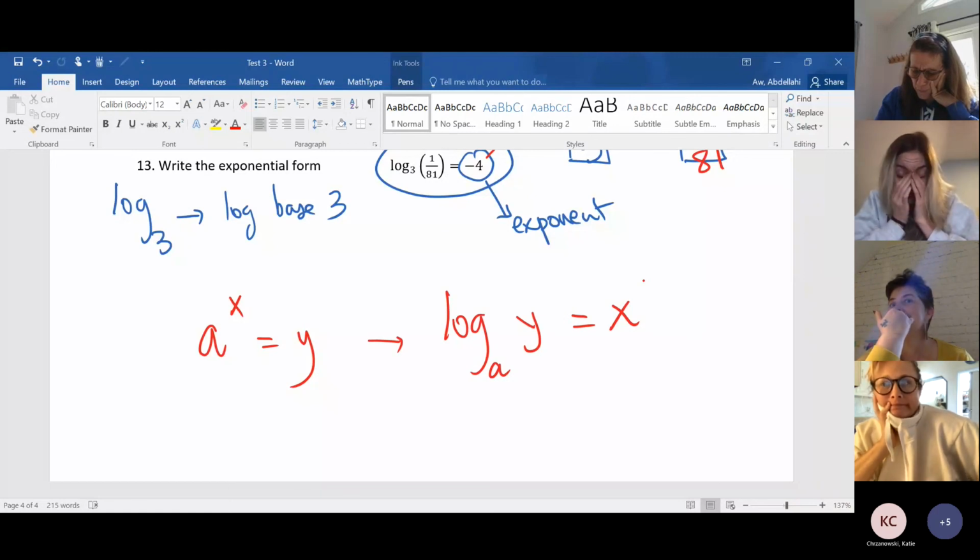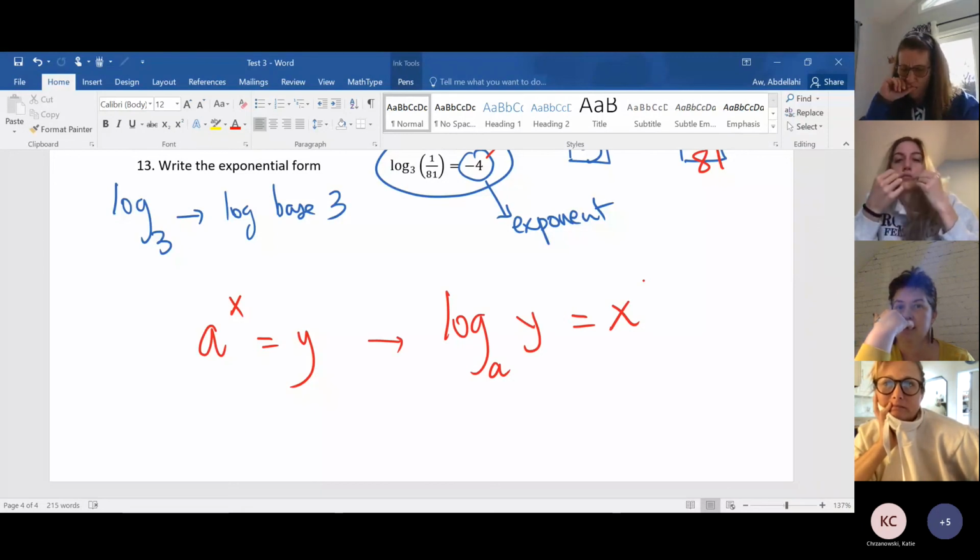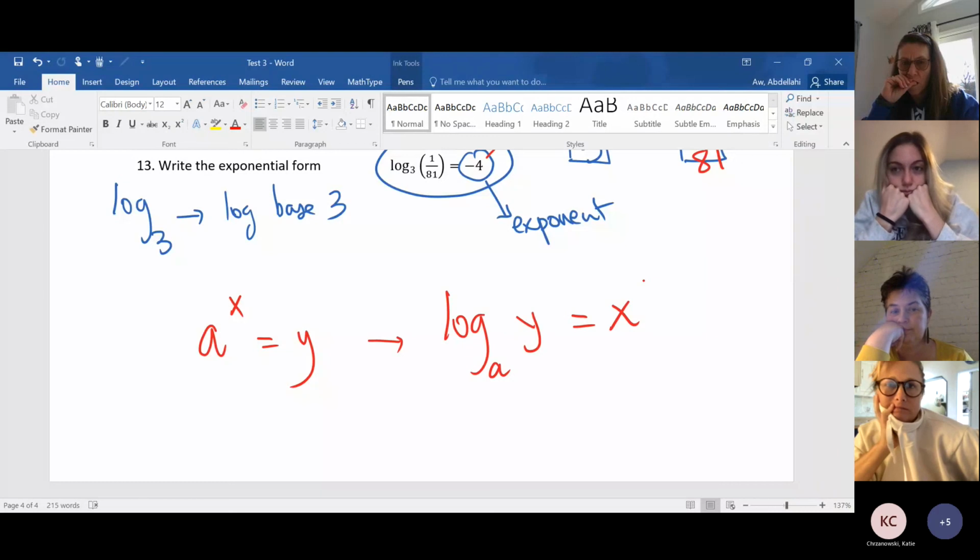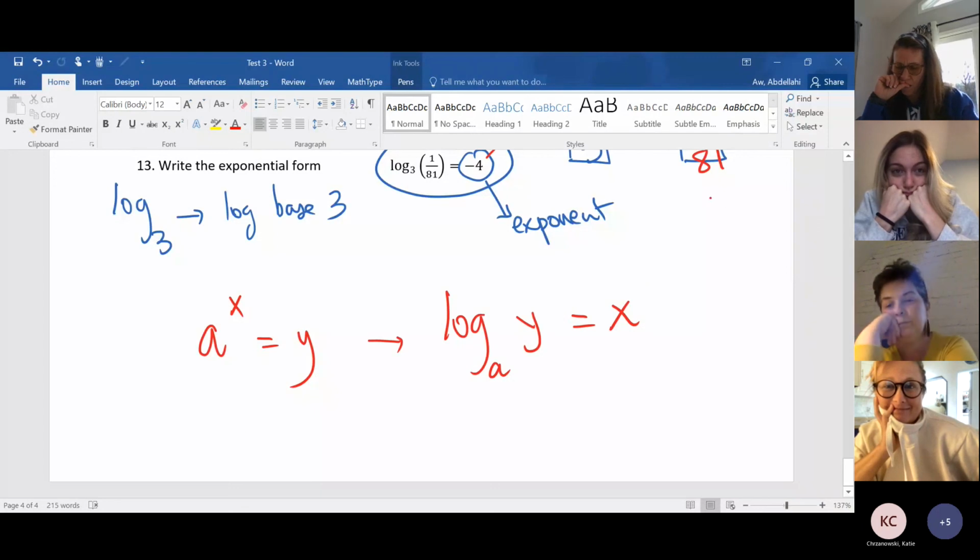For instance, 3 weeks ago, we never talked about log, right? 3 weeks ago, there was no log in our vocabulary. So now suddenly we say, okay, there are some functions in math that we call log. What is the definition of log? It is another way to write an exponential expression. It's like you never heard about square root, right?